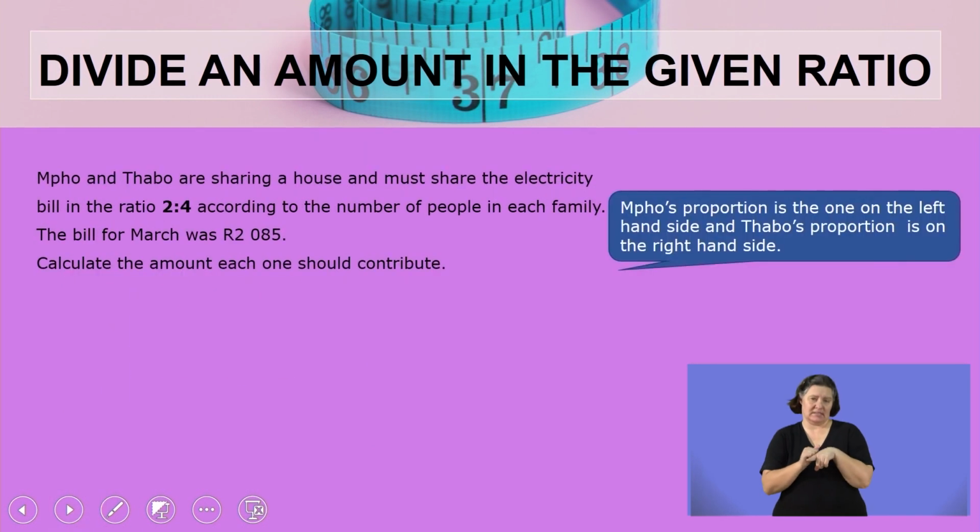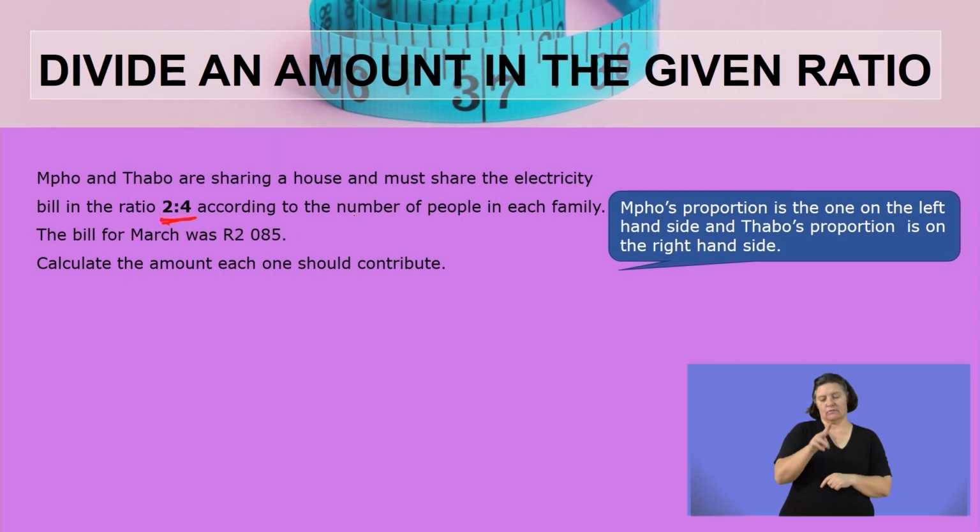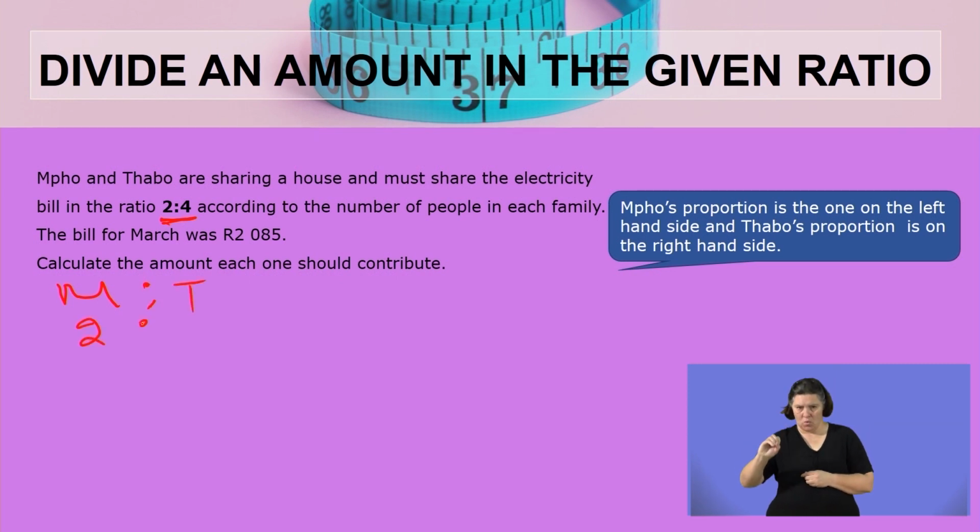I hope you will be able to solve this practice with me. Mpho and Thabo are sharing a house, and they must share the electricity bill in the ratio 2:4 according to the number of people in each family. So now the ratio, because we are having Mpho is to Thabo, it means Mpho's family members are 2, Thabo's family members are 4.